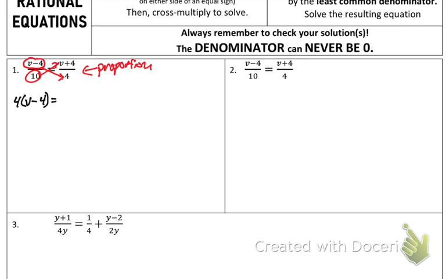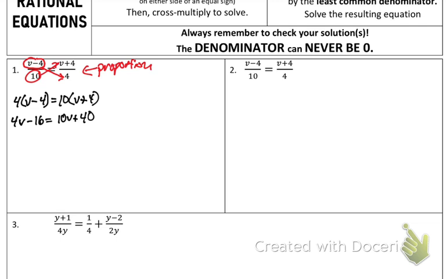Then we have that v plus 4 times 10, so I'll have 10 times the quantity v plus 4. We're always using parentheses if we have anything more than one term. So notice that v minus 4 and that v plus 4, when we do the multiplications, they have to be in parentheses. When we distribute both of these, we should end up with 4v minus 16 equals 10v plus 40.